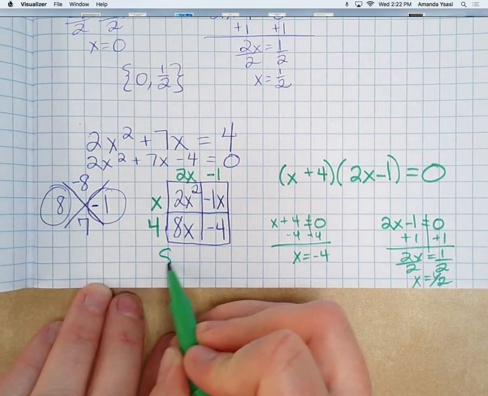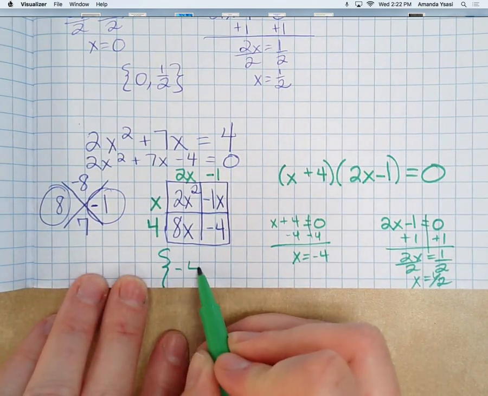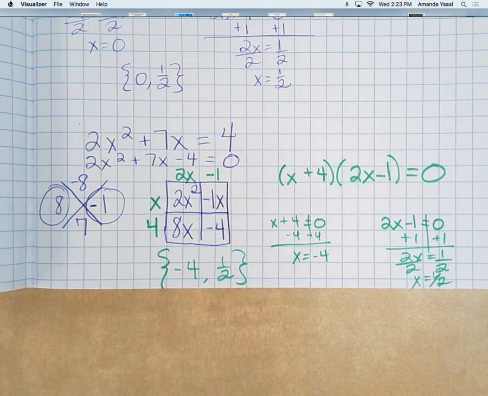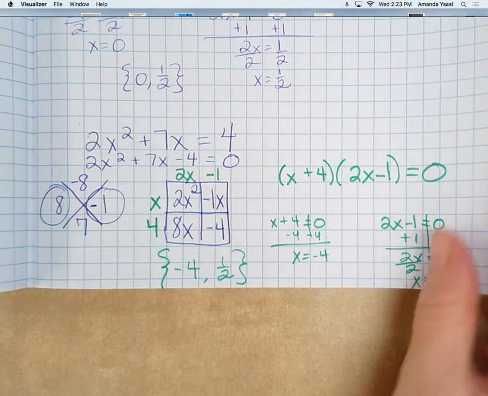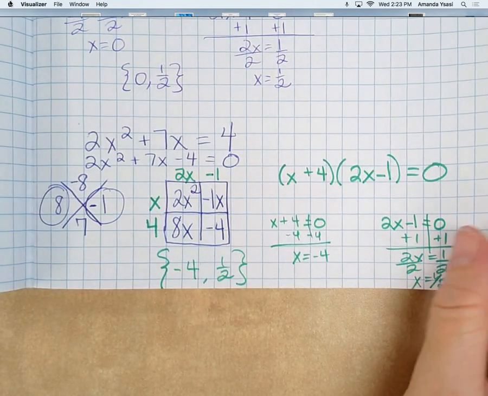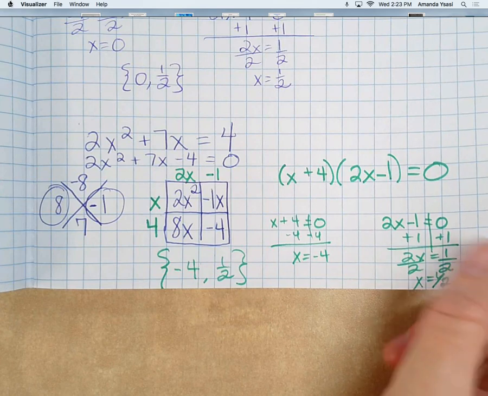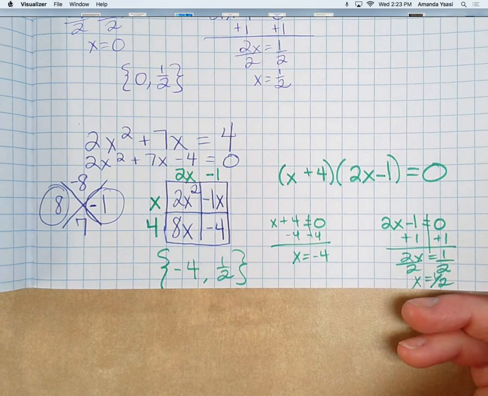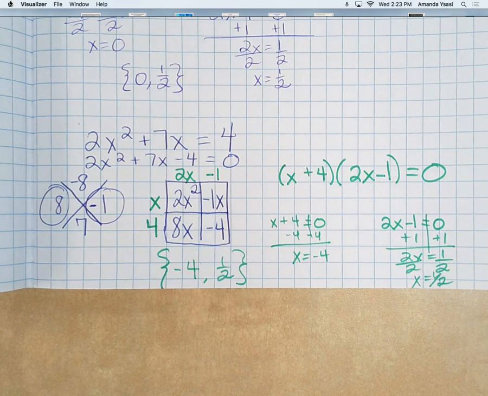So then our solution set is negative 4 comma a half. Okay, so let's go to the square root property now.